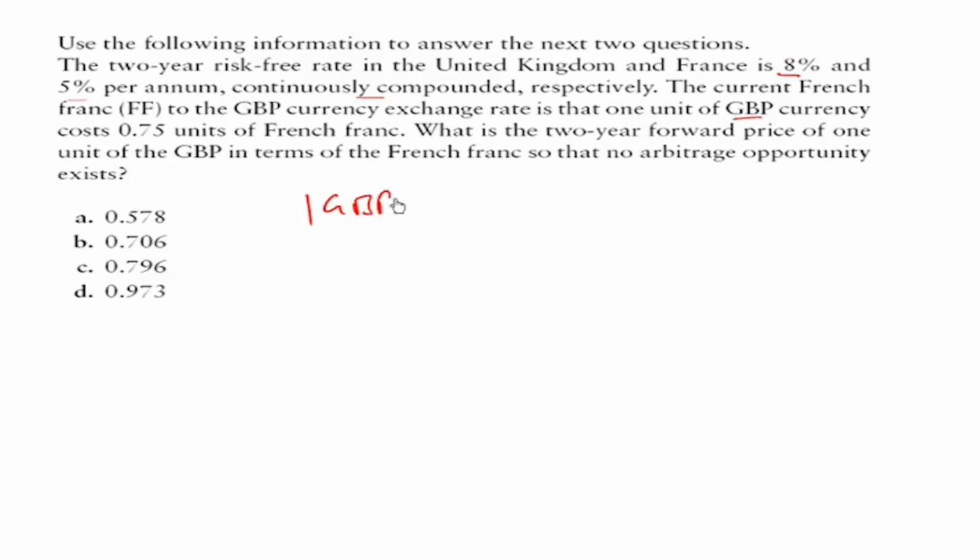So 1 GBP is equal to 0.75 units of French franc. What is the 2-year forward price of 1 unit of GBP in terms of French franc so that no arbitrage opportunity exists? There is no US in this case, so you can become the citizen of any one country.